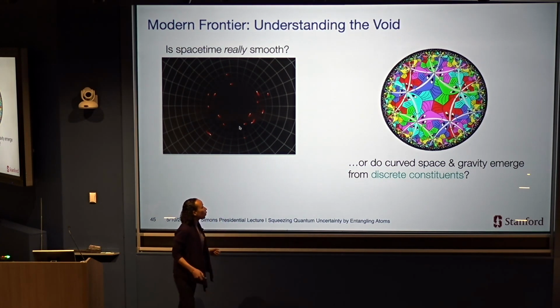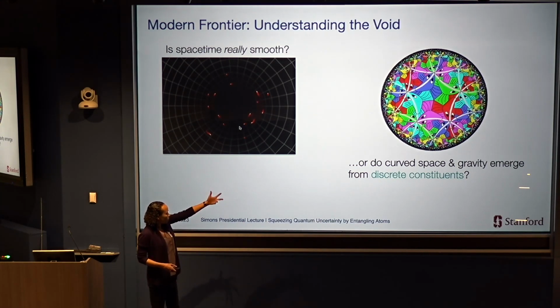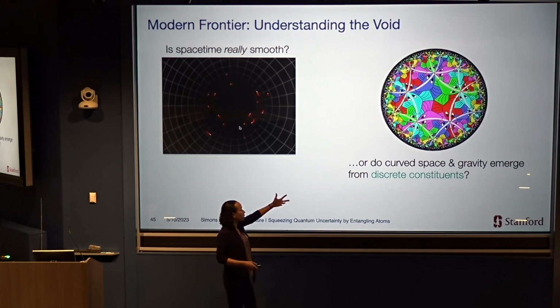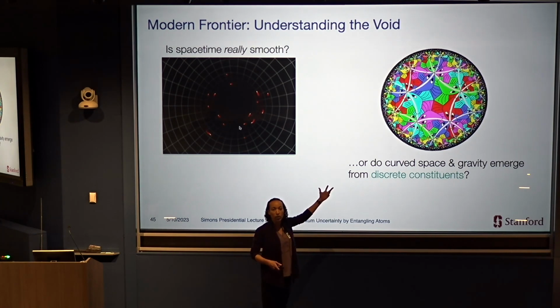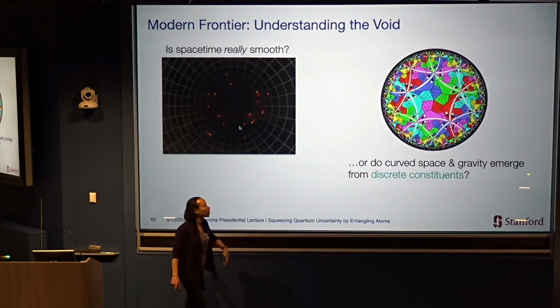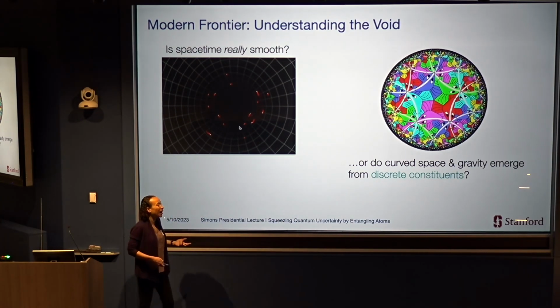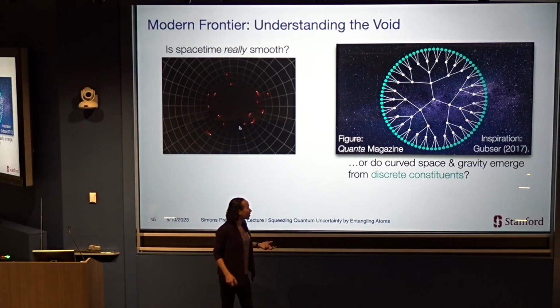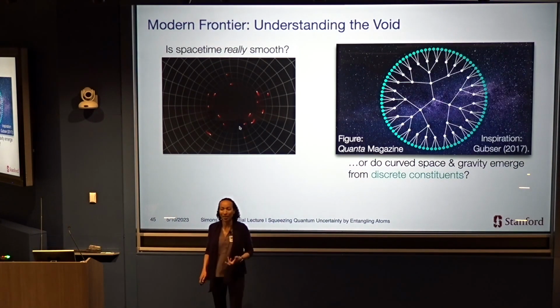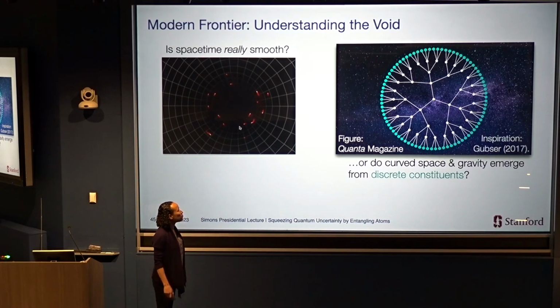OK, so the building blocks are these discrete constituents, which in the Escher drawing are fish. Physicists don't think the discrete constituents of space-time are fish. But what you might imagine is that curved space and gravity emerge somehow from quantum mechanics.